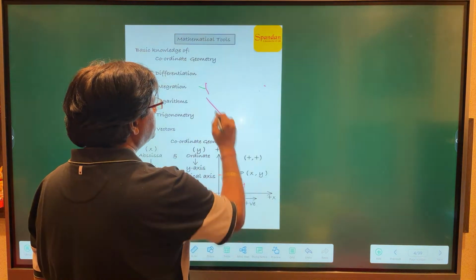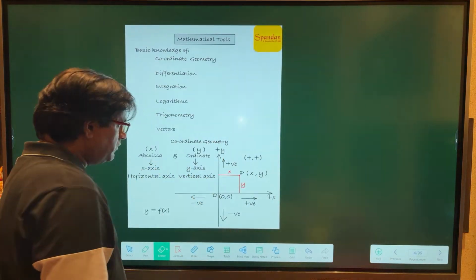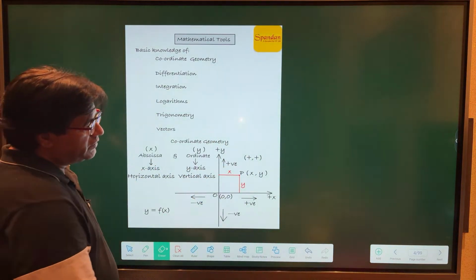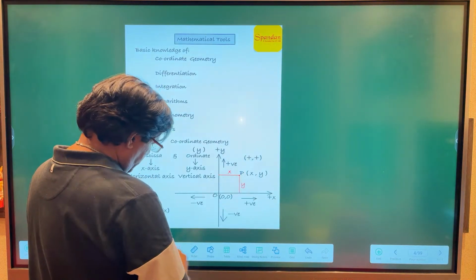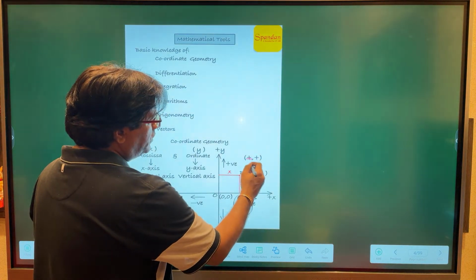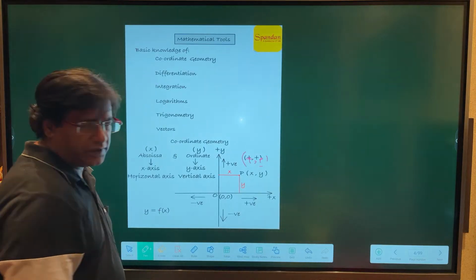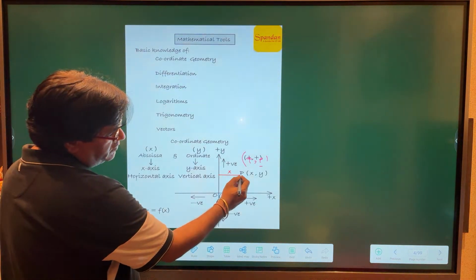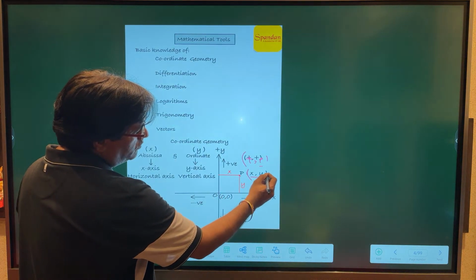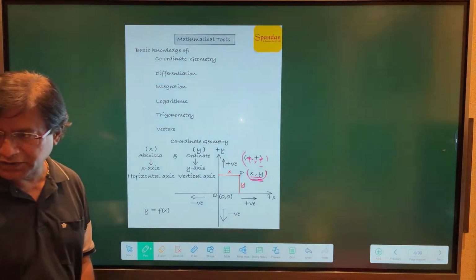In that case, if a particle is in the first quadrant, then both its coordinates will be positive, right? Say some particle is point P and its coordinates are x comma y. So this is the position of the particle, right?